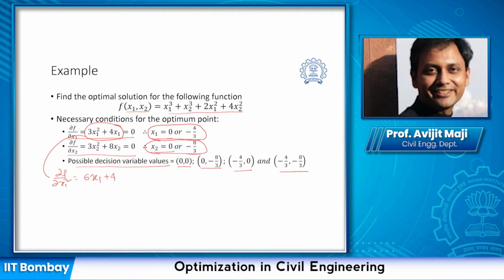If we do the double derivative with respect to x1 and x2, we are going to get 0.